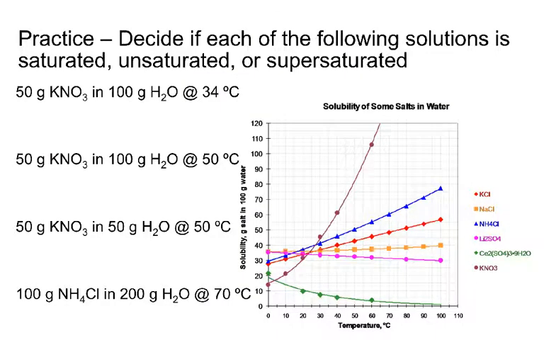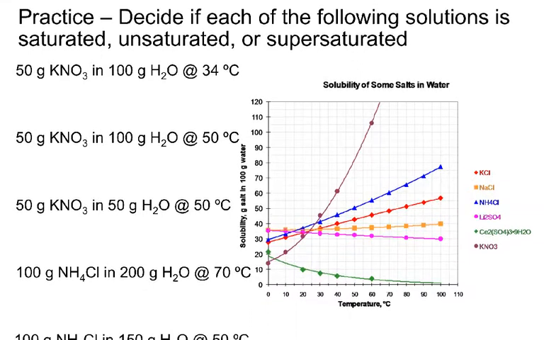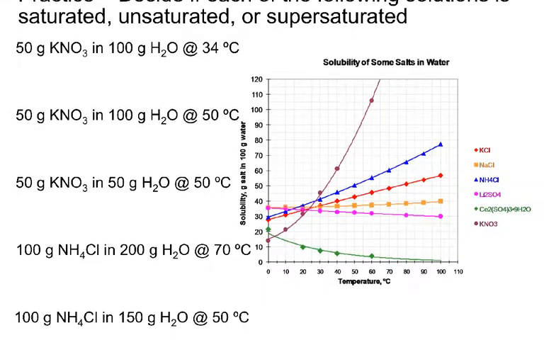Okay, so let's practice using these solubility curves. Decide if each of the following solutions is saturated, unsaturated, or supersaturated. So I would recommend pausing the video and working these through yourself and then checking your answers. So 50 grams of potassium nitrate and 100 grams of water at 34 degrees Celsius. Notice our axis here is grams of salt and 100 grams of water.